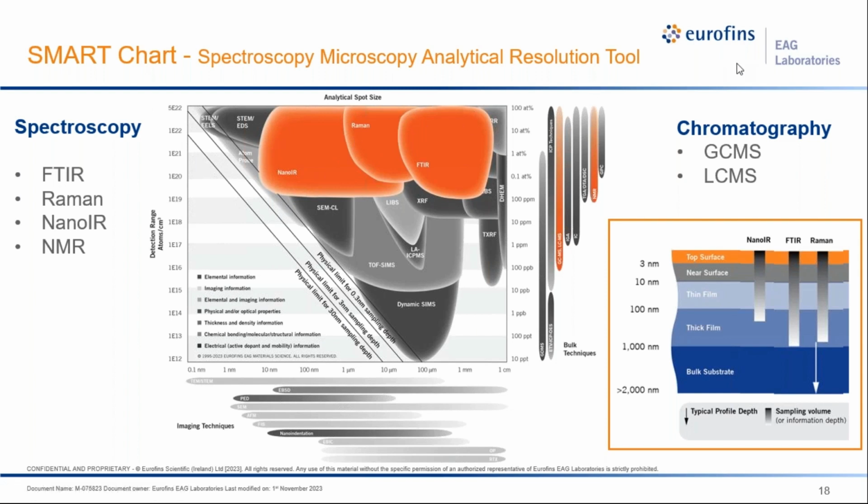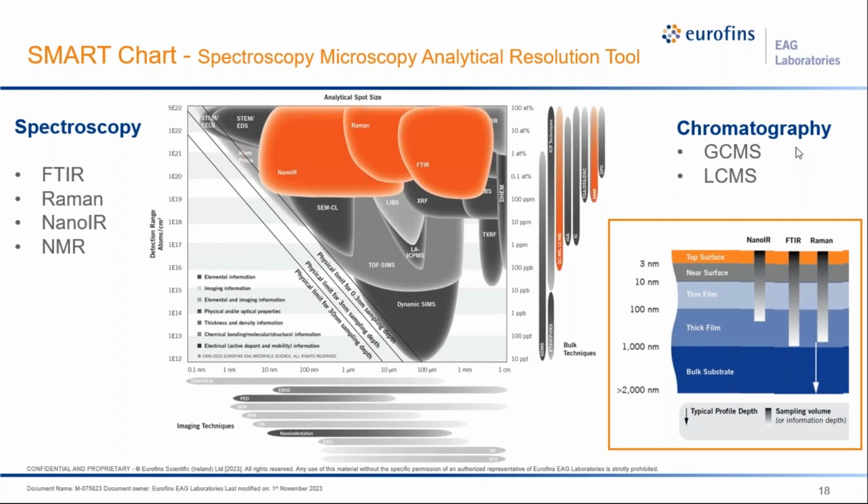Now, there are actually a number of ways to measure and detect organic contamination. We have spectroscopic techniques such as FTIR, Raman, and nano-IR, shown here in these red bubbles. We also have chromatographic techniques, which are GCMS and LCMS, and you can see them here on the outside.